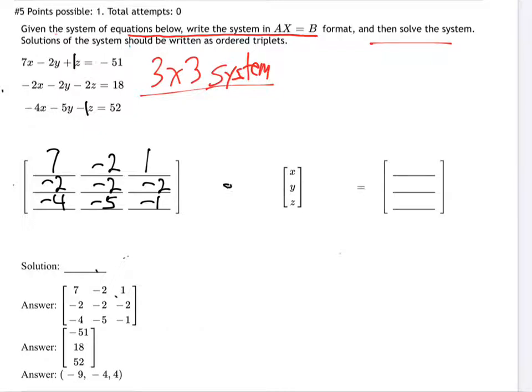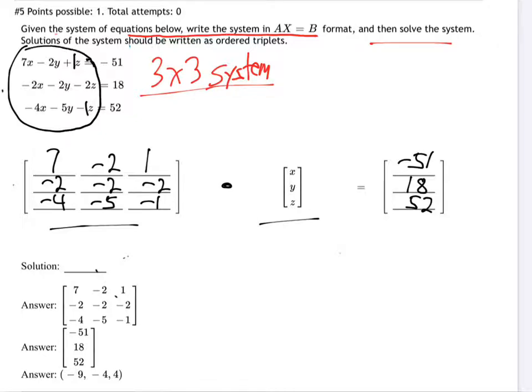And then times x, y, z. And you put over here minus 51, 18, 52. If you multiplied this times this, you would get this back. We just saw it start to happen. It's the same thing. This times this is this, based on the rules of matrix multiplication. And they all equal, so it equals those three.